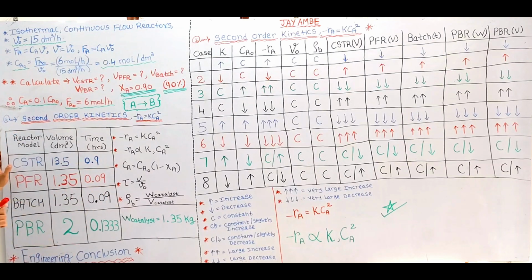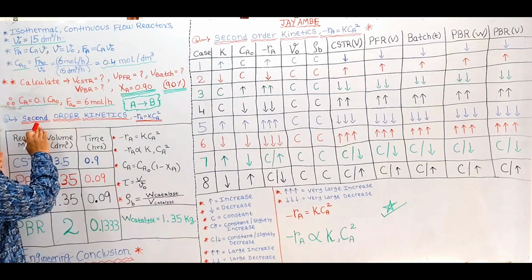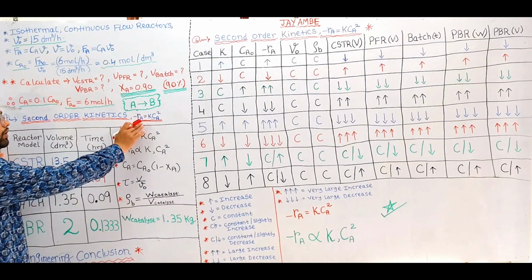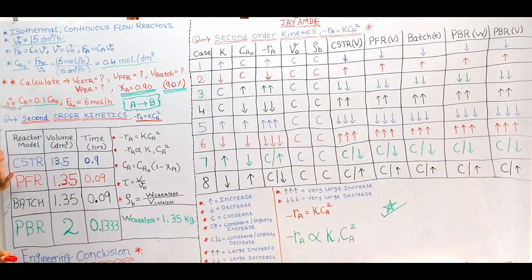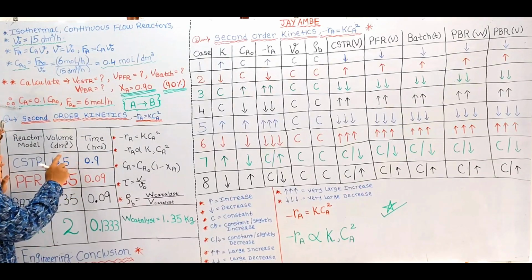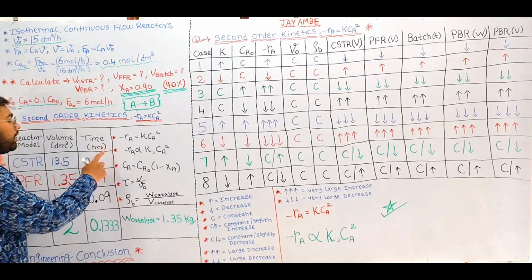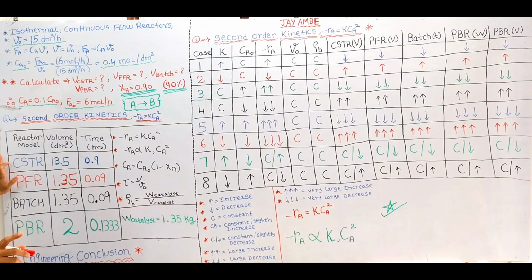Which means if we use CSTR as the reactor model where we have kept all the operating parameters constant, and the reaction follows second order reaction kinetics with the given rate law -rA = kCA^2, then in order to achieve the desired conversion of 90%, we require 13.5 cubic decimeter volume of the CSTR and 0.9 hours of reaction time, right?